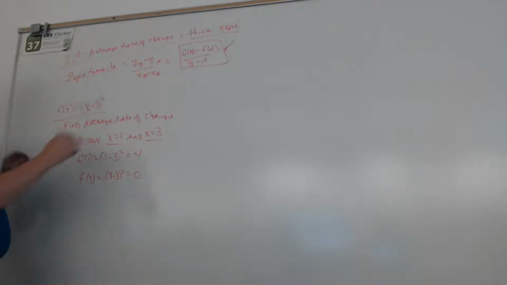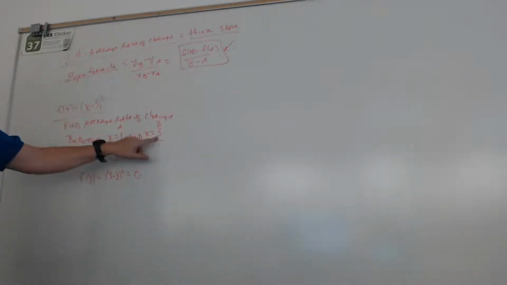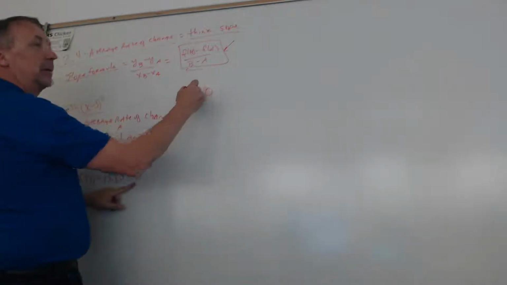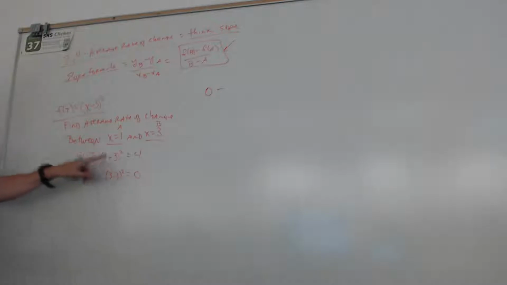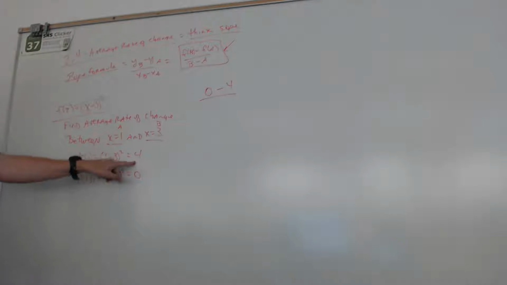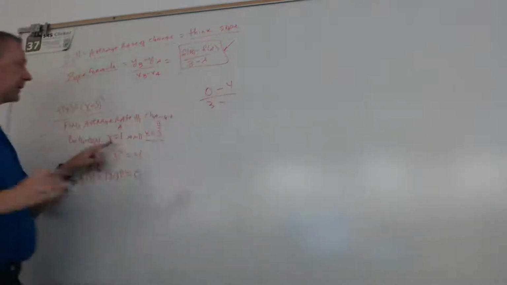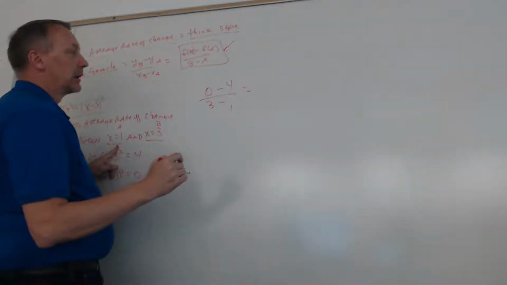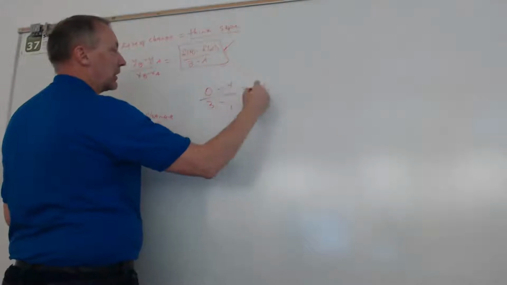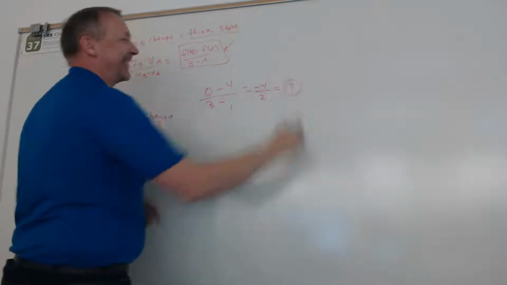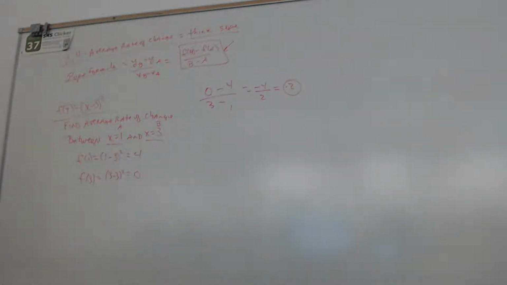Just call 1 A and 3 B. So we're going to use this formula. f of b is 0 minus, what's f of a? 4, over, what's b? 3, minus 1 equals negative 4 over 2. So negative 2. All right, Victor's got this down.